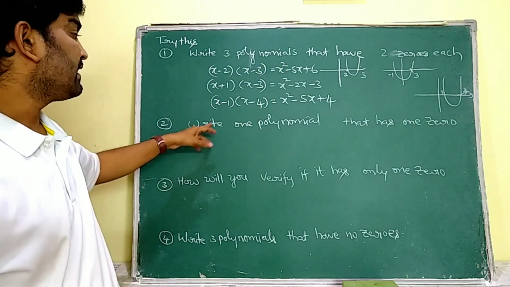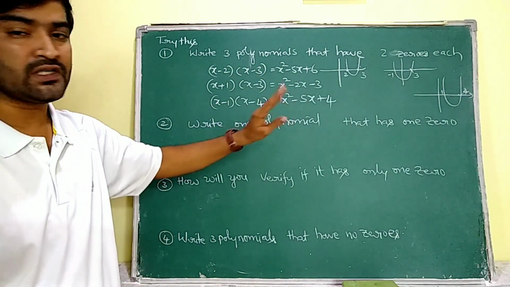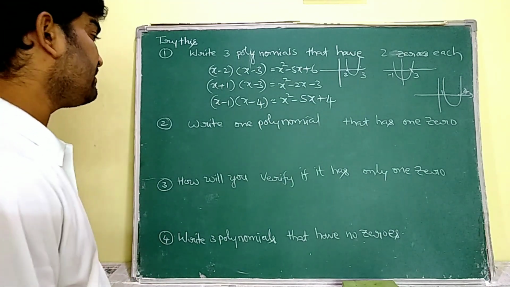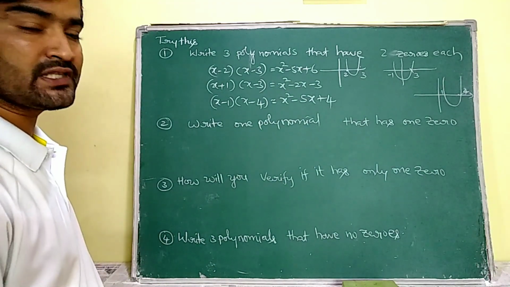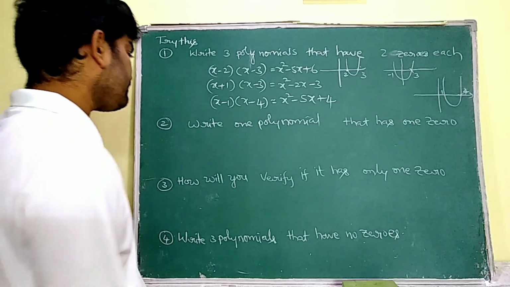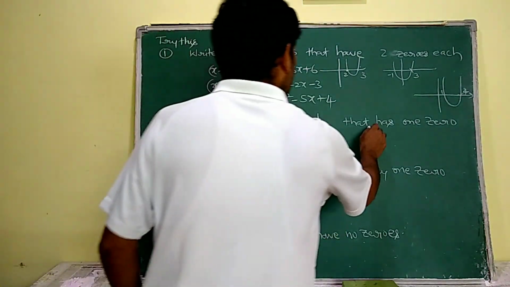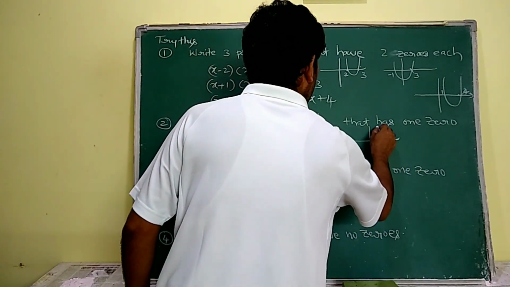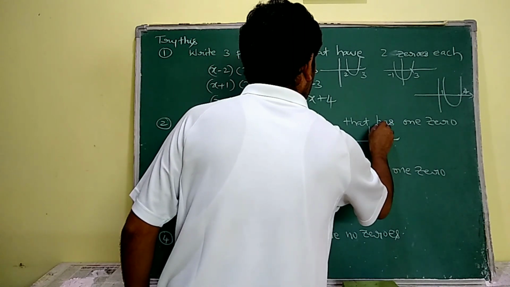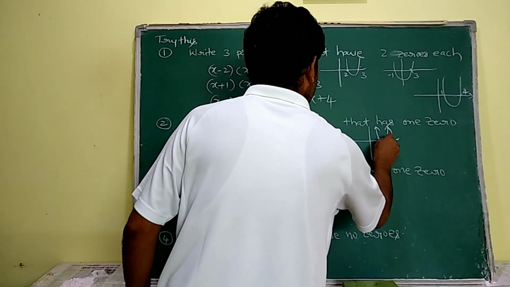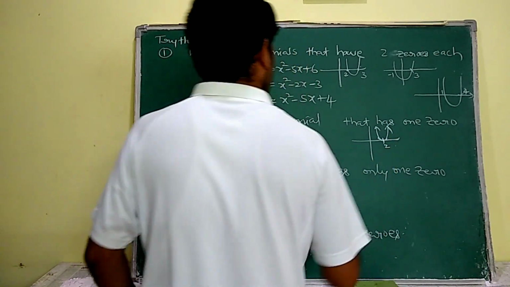Now write one polynomial that has 1 zero. He asked you to write polynomials which have 1 zero. See, consider this as the polynomial, and this touches at 2, let us suppose.